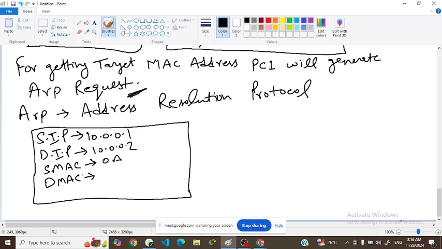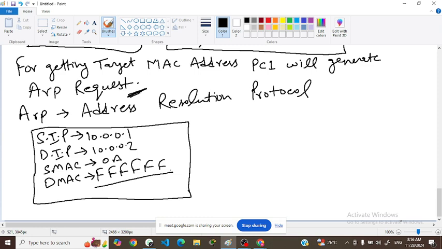So in the ARP request, PC1 puts FF in all fields, meaning I don't know this destination MAC address.